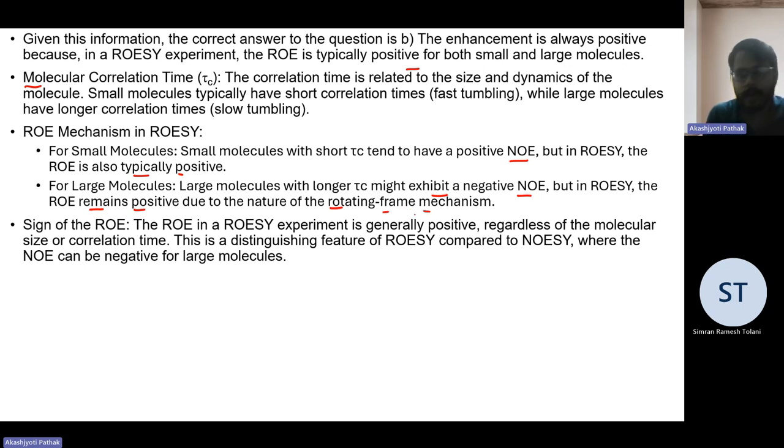Irrespective of small or large molecule, the sign of the ROE is always positive. This is the distinguishing feature of ROESY compared to NOESY, where the effect can be negative for large molecules.